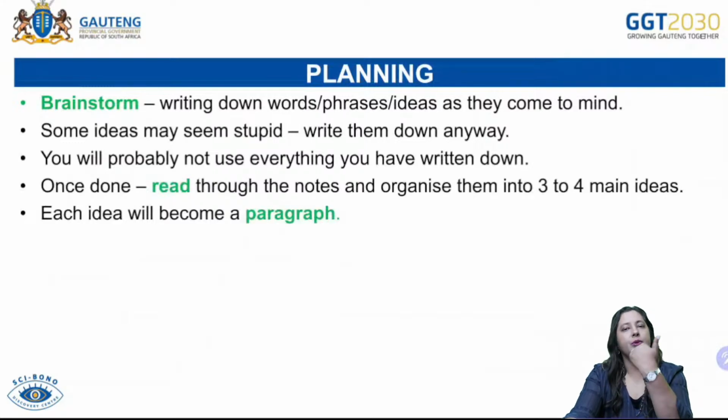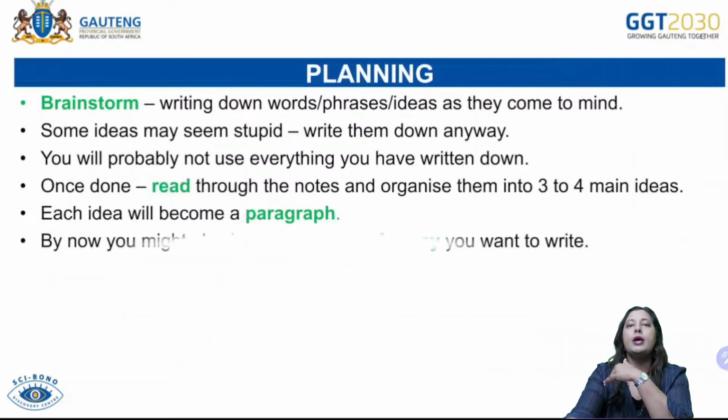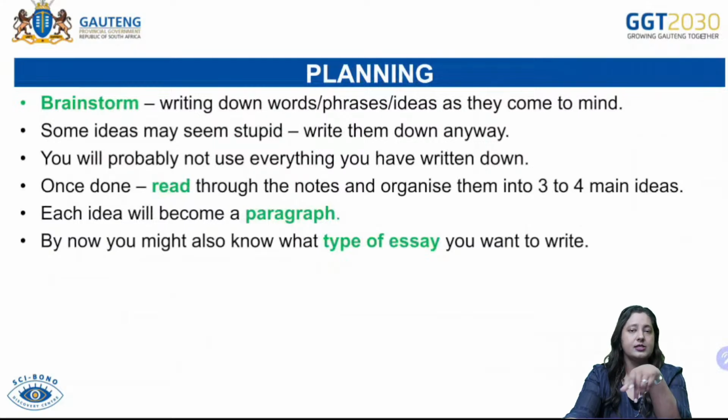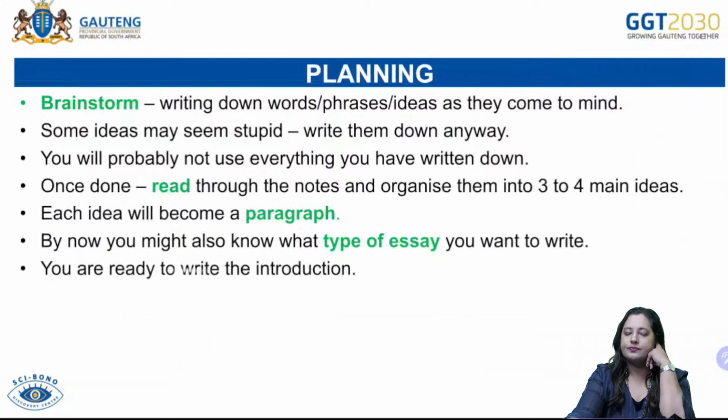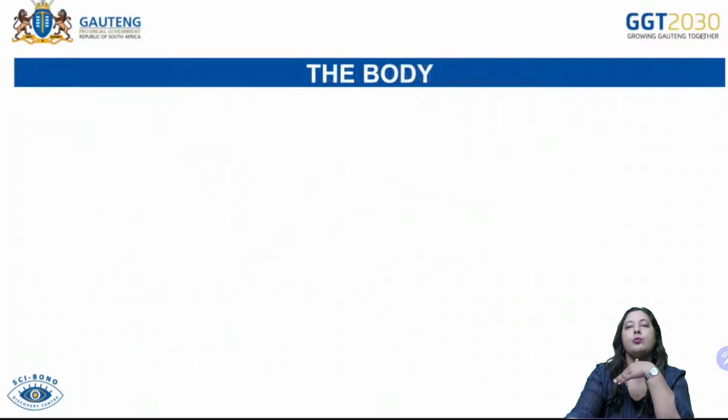Each of the ideas will be one paragraph, as I mentioned to you, and then you'd have other ideas or minor ideas surrounding the main idea in each paragraph, right? And then by this time, you would have established what type of essay you are going to write. Now you're ready to write your introduction, and then from there we move to the next part, which is the body.